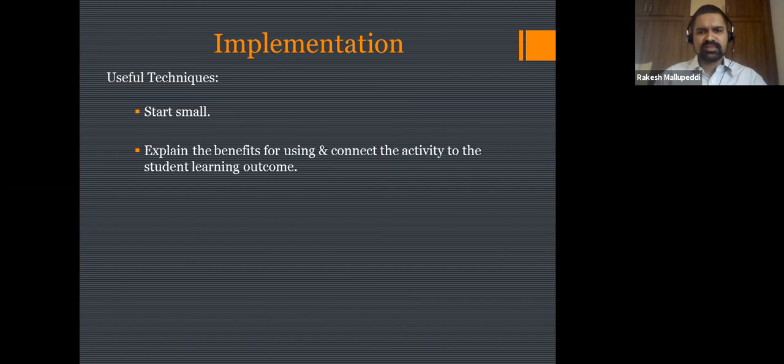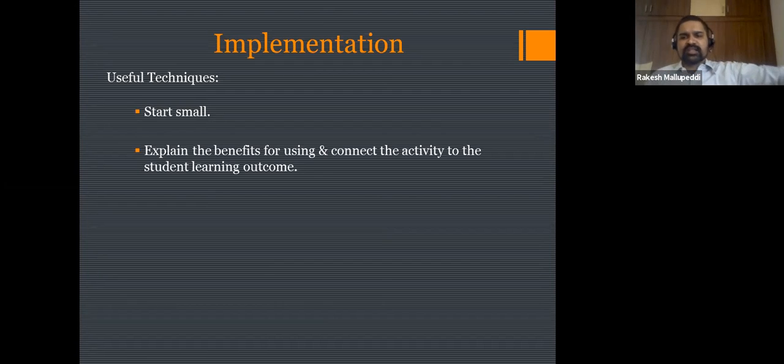So like I said, when there is a lot of motivation for the students to do it on their own, the learning outcome is high. And for it, at the start itself, you need to explain to them why you are using it, what is the real goal you want to achieve.